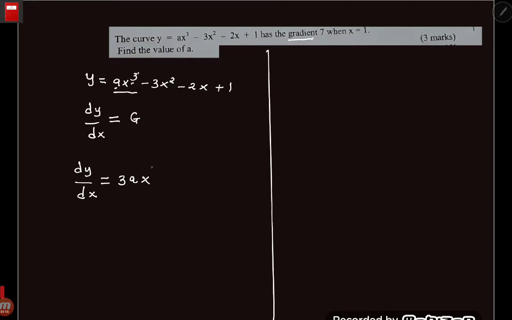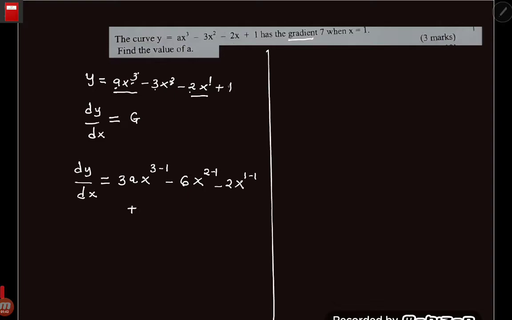When we subtract 1, it will be 3 minus 1. Minus, this one also we take 2 times 3, that is 6, then we have x to the power 2 minus 1. Minus, for this case, the power of x is 1, so if you take 1 times 2, we are going to have 2x to the power 1 minus 1.